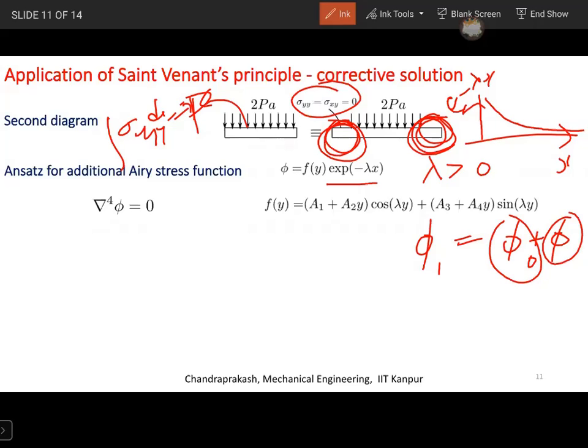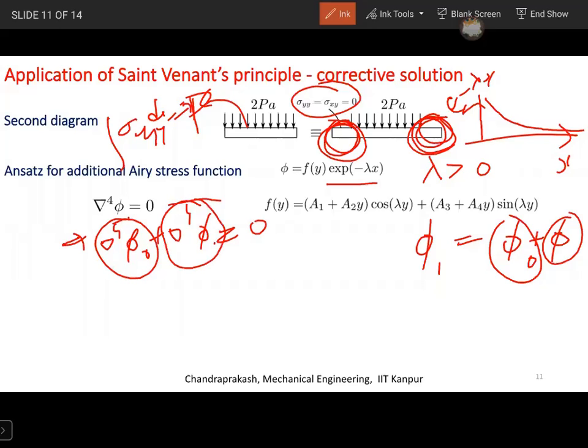Even here, del power 4 phi 1 is equal to 0, and this would imply del power 4 phi 0 plus del power 4 phi is equal to 0. Del power 4 phi 0 is anyway 0. That is the reason we have set this function to 0 and obtained this particular expression. You see that f of y is actually dependent on lambda.